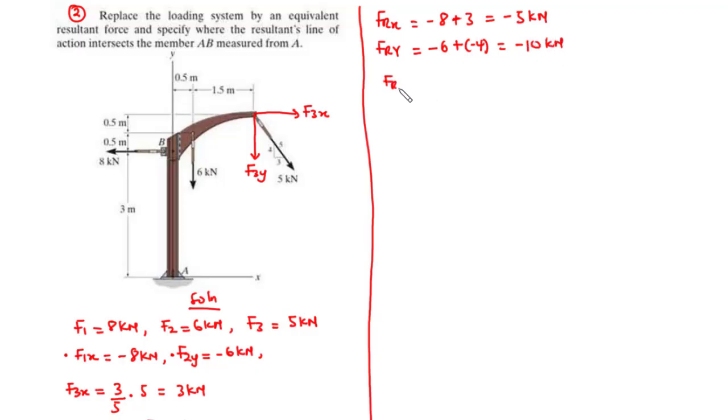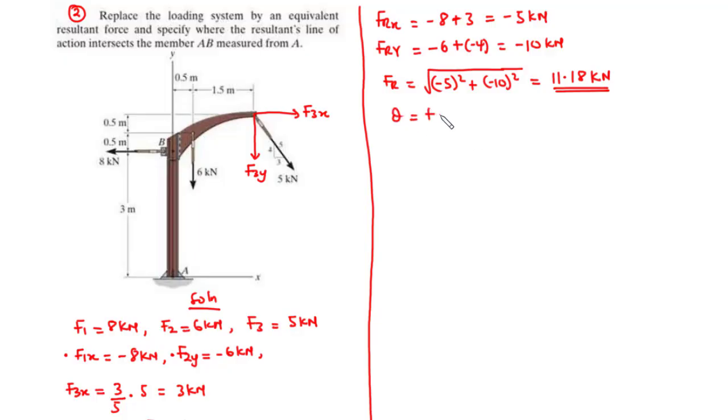Now let's find FR. So that is equal to the square root of negative 5 squared plus negative 10 squared, and that is equal to 11.18 kilonewtons. Next, let's find the angle theta.